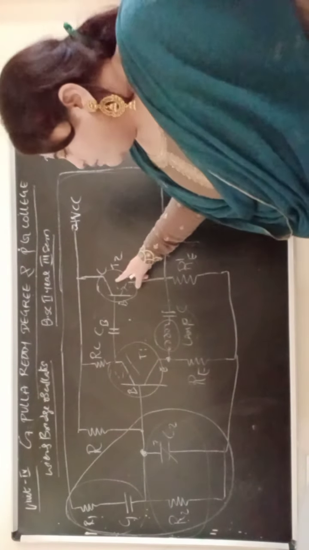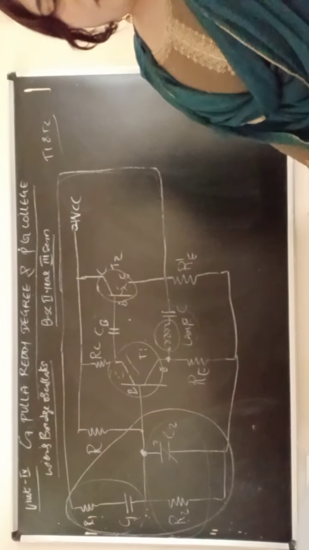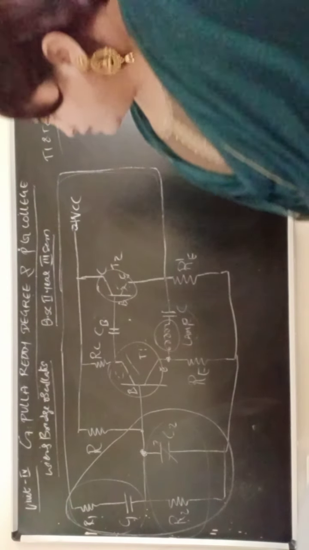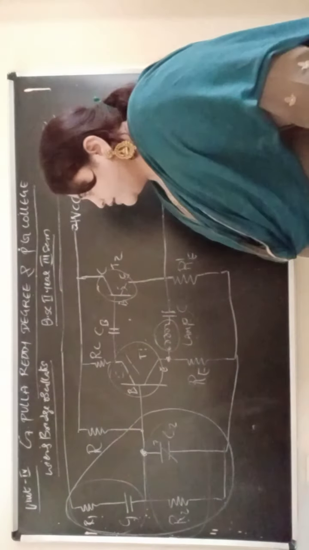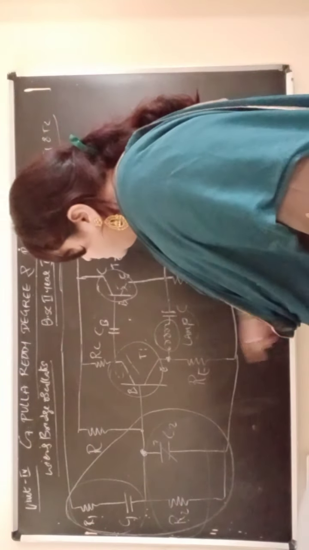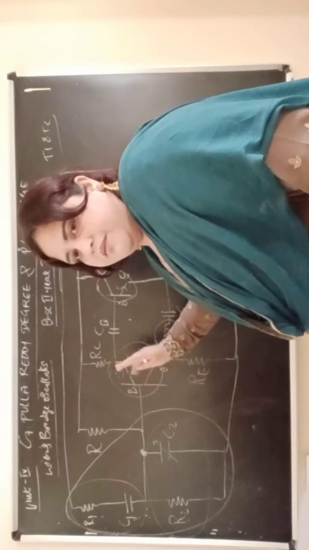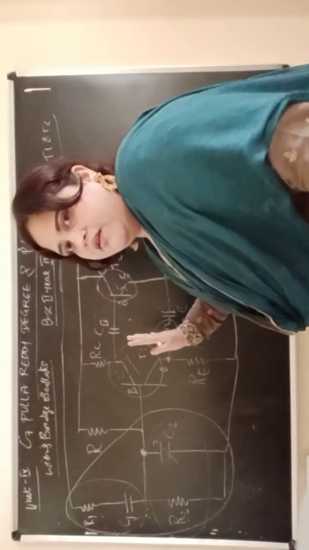Here the second will amplify. And the clear part to tell here: the output of the second is going as an input to the first, remember this. Then this is going as an input to the second, like this.